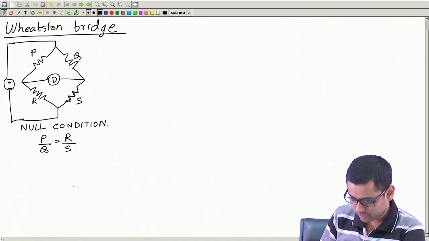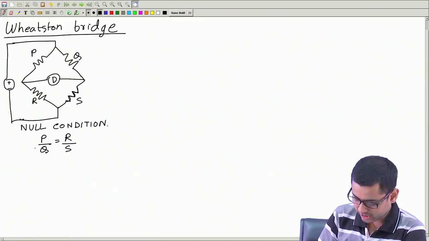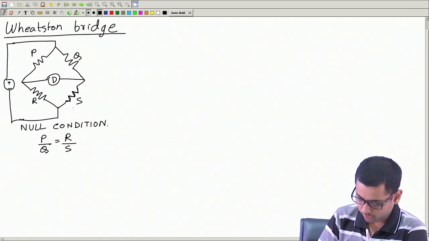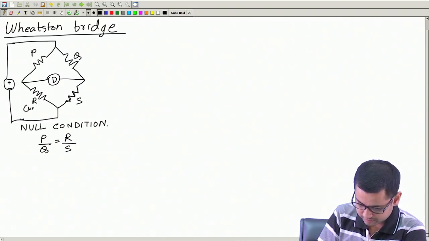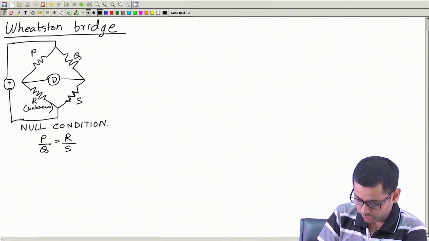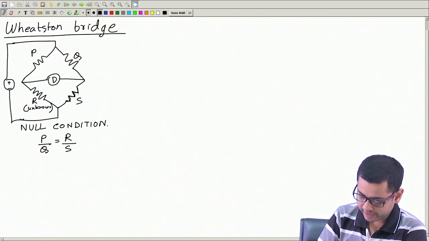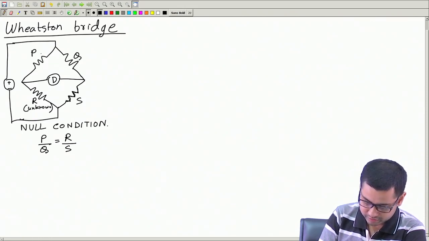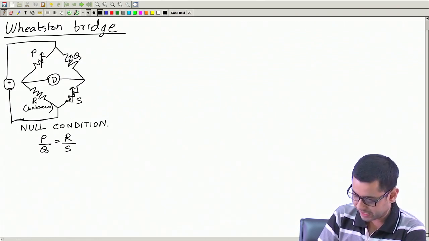Now, with this we can measure an unknown resistance. Suppose this R is unknown and we want to measure the value of R, and P, Q, S are known and variable resistances. So, we can set up a bridge like this.